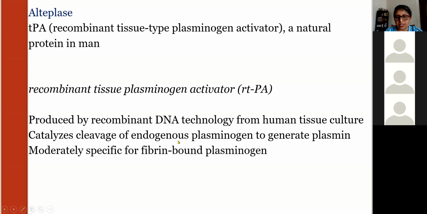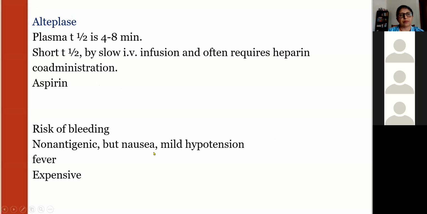The plasminogen attached to the fibrin should be activated so that plasmin will be formed and lyse the fibrin clot.